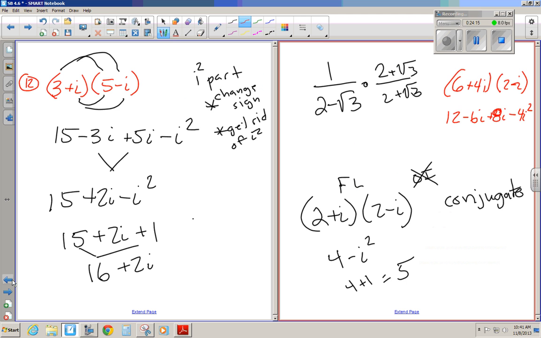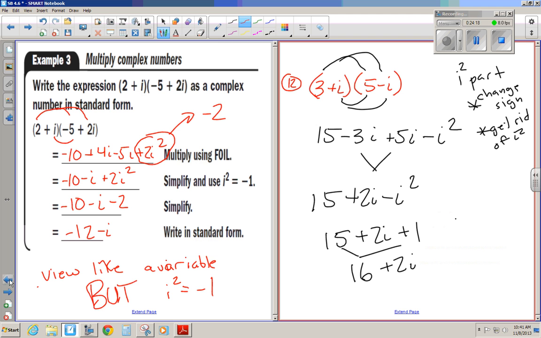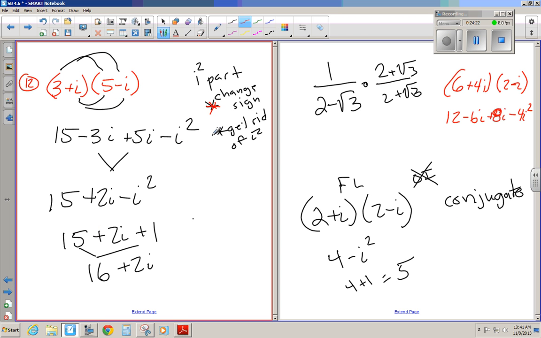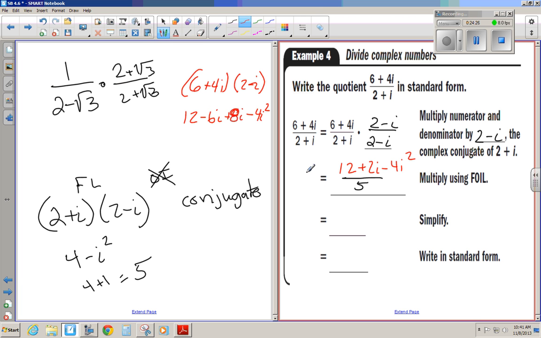Remember that i squared is negative 1. So we simply change the sign and get rid of the i squared. So it's 12 plus 2i plus 5. Well, 12 plus 5 is 17 plus 2i over 5. That's what this ends up equaling.